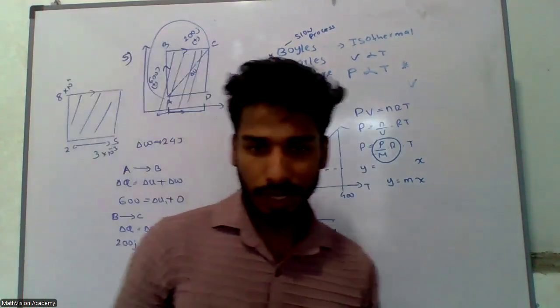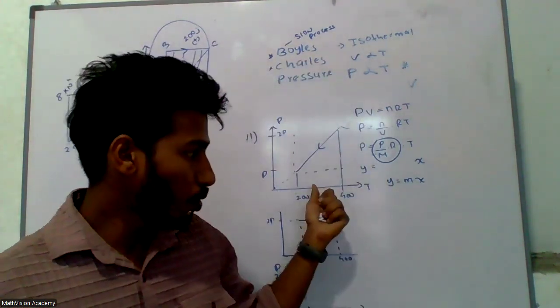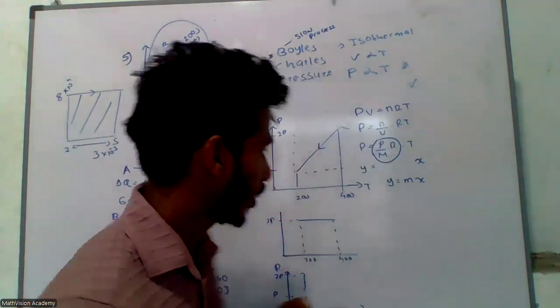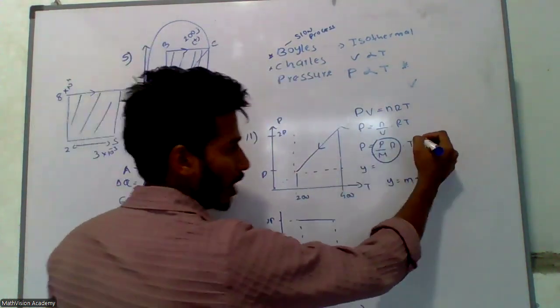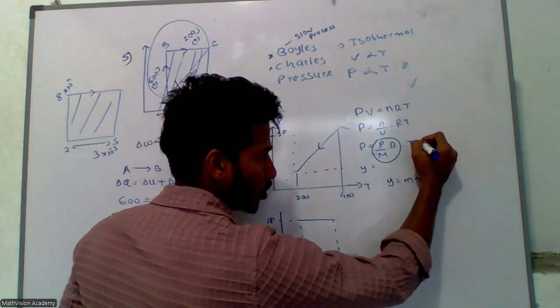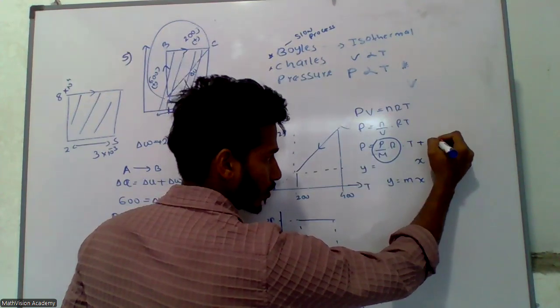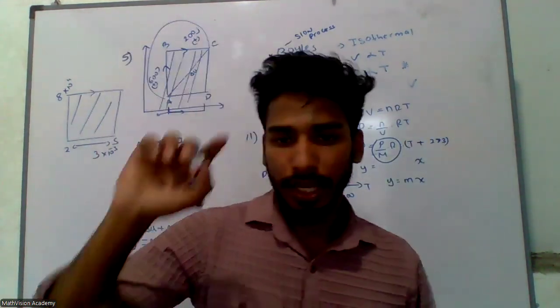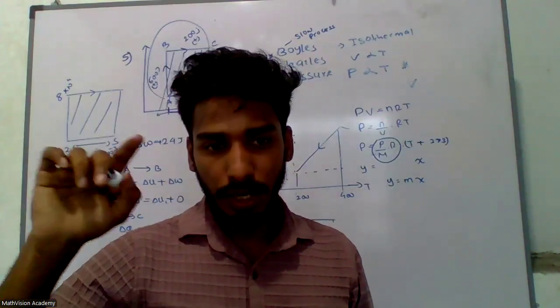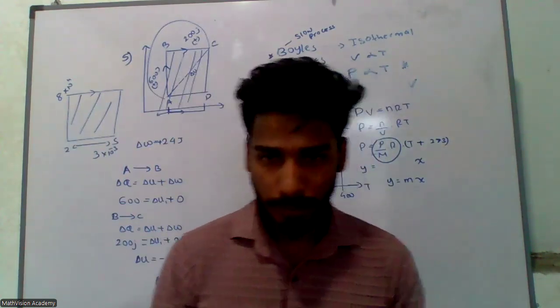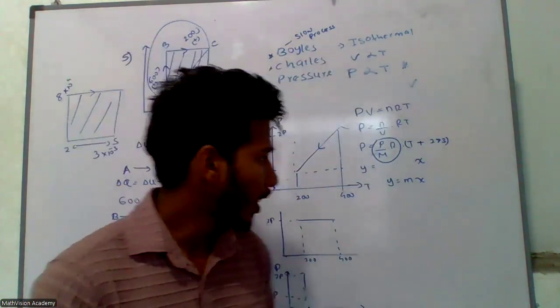So get an idea. Even if it isn't passing through the origin, you can say the density is a constant. Because why? Now in here the temperature is in Kelvin. If I consider Celsius, I should get a 273, then you will get the format y equal mx plus c. So I'll get you questions, draw them as well, get an idea.